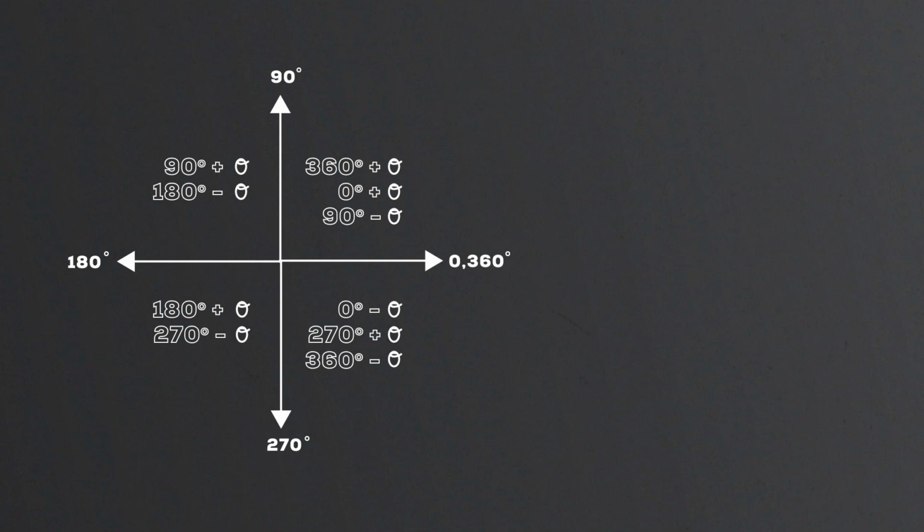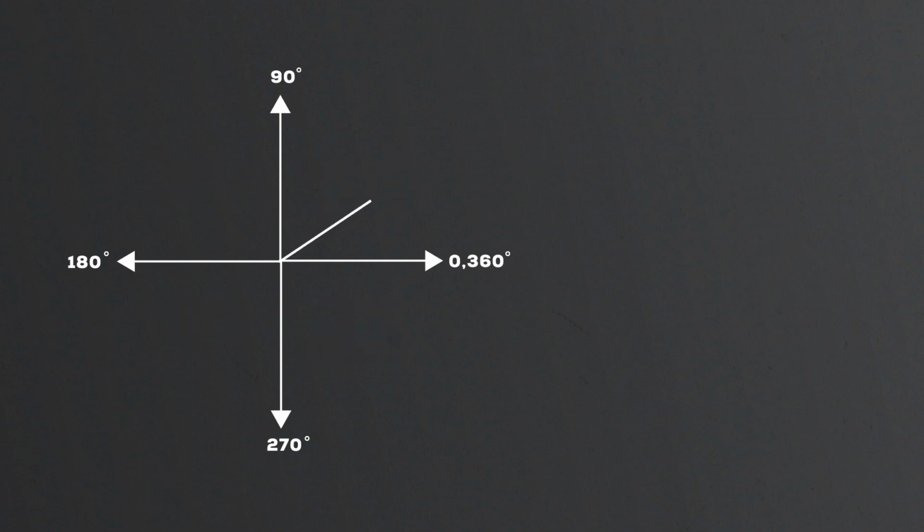In all our quadrants, I'll make things a little bit exciting by putting right angled triangles with sides x, y, and r. Here x represents our adjacent side, y represents our opposite side, and r represents our hypotenuse, which is the longest side of our right angled triangle.